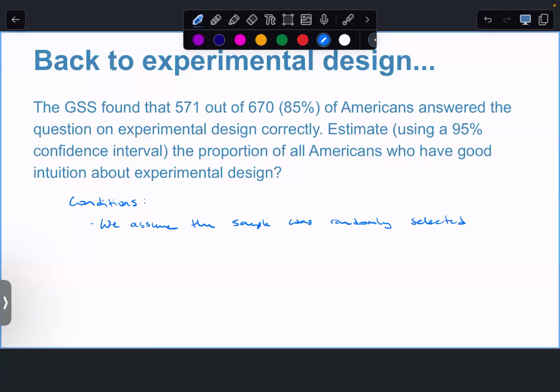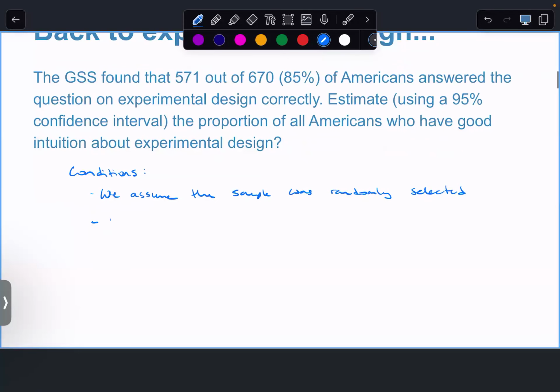It's reasonable because it's a big survey, but it doesn't say explicitly, so then I have to say that we assume that. 670 Americans, 670 is less than 10% of all Americans. So that's good.